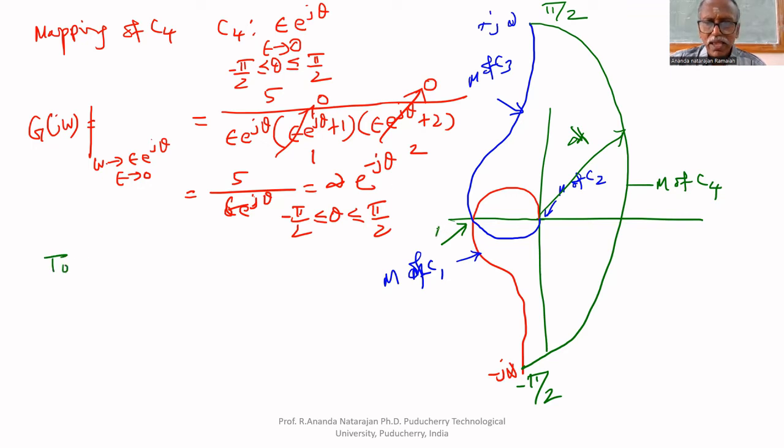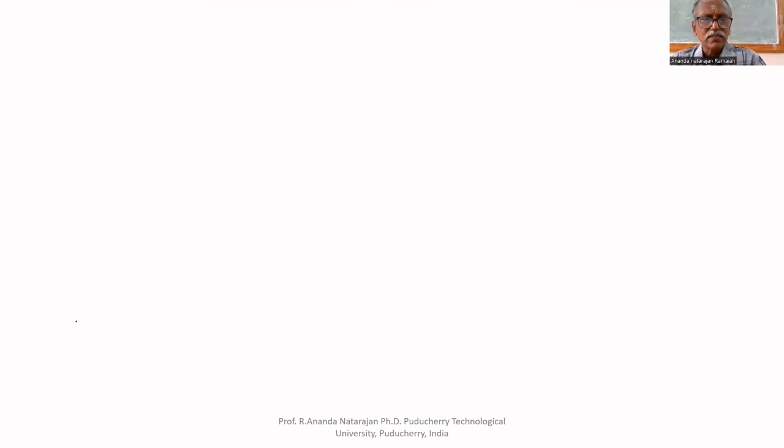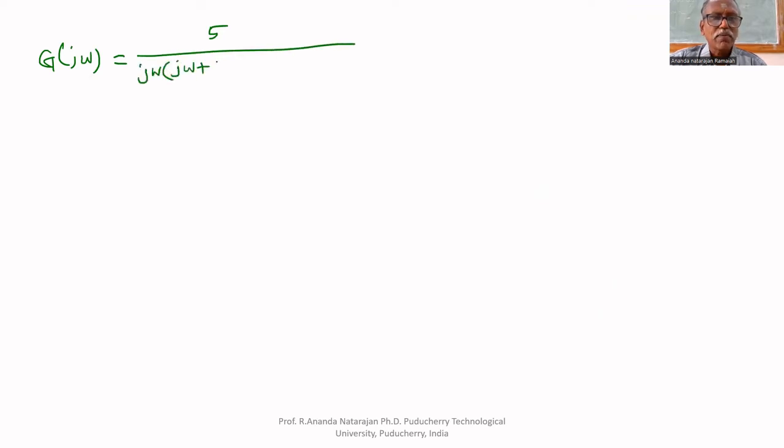Let this point be A. To find the point A, that is the intersection with the real axis, we have to consider the transfer function g of j omega equal to 5 upon j omega times (j omega plus 1) times (j omega plus 2).